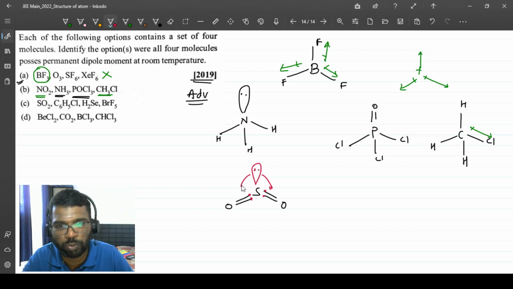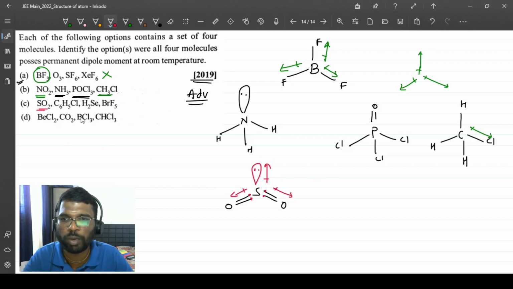This lone pair is going to push them down, and here also there is no cancellation of the dipole moment because the magnitude of the dipole moment will be maximum, and there won't be exact cancellation. So here it will have a permanent dipole moment.